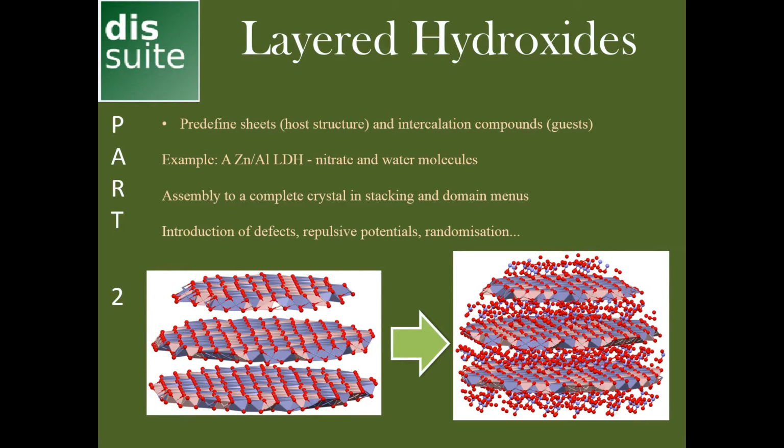So in the beginning you need to have a model of each of those components. Then we throw them together with the domain menu, and then we can play around with it, do randomizations, add repulsive potentials, turn the different molecules, and so on.